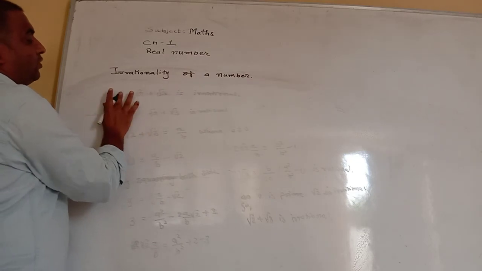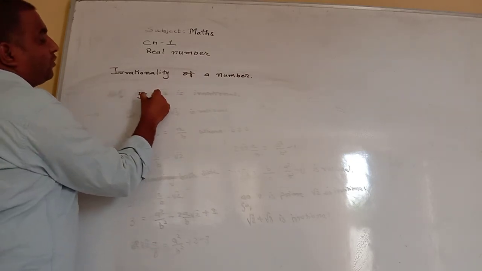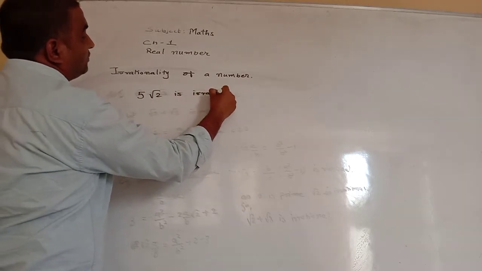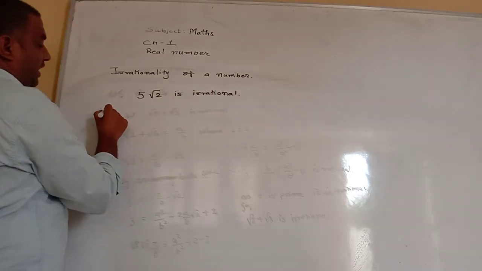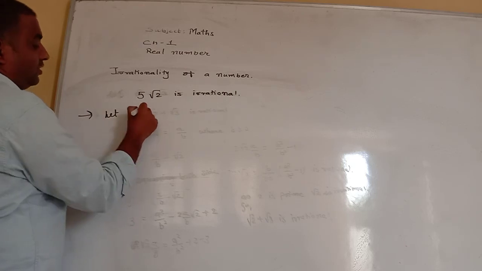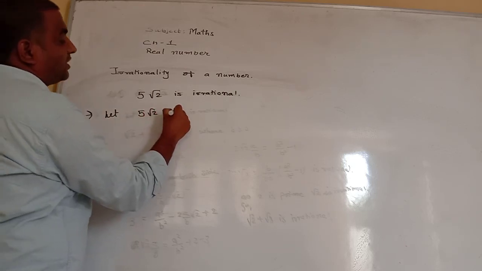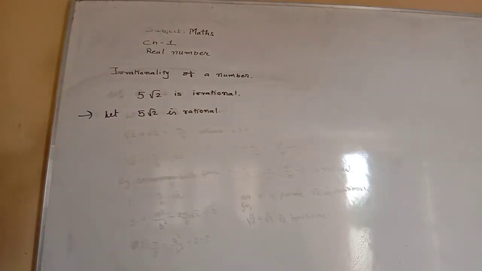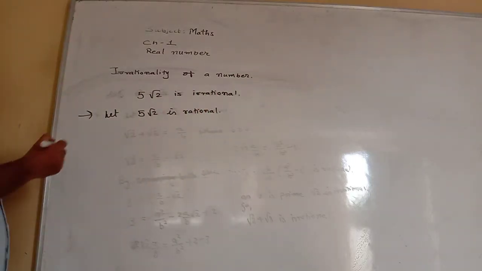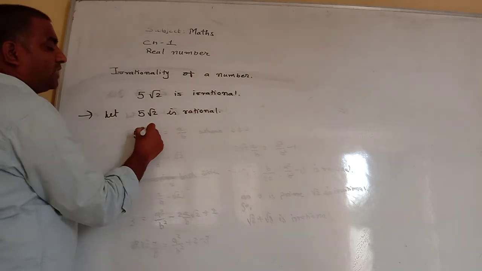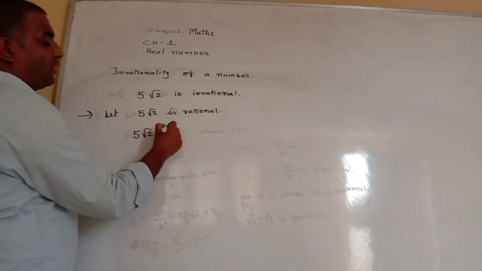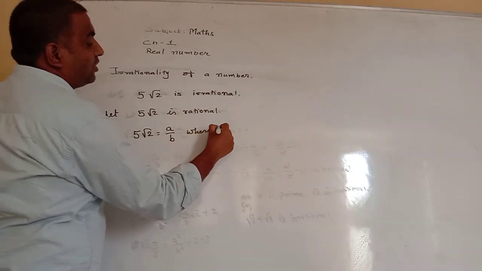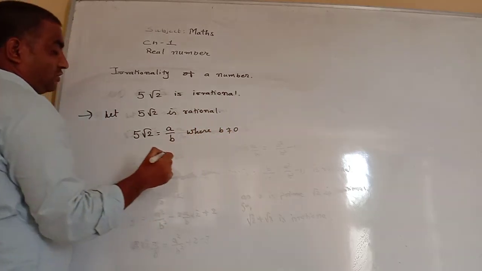Let us prove that 5 root 2 is irrational. So let 5 root 2 be rational, we assume. So as per the rational definition, 5 root 2 equals a by b, where b not equal to 0.